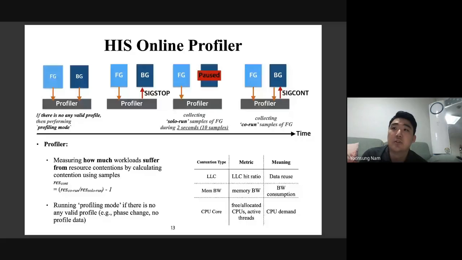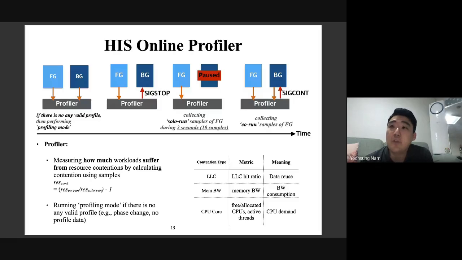Our online profiler measures how much workloads suffer from resource contention. This can be done by calculating contention using samples from when the workload runs alone and when it co-runs with other collocated workloads.